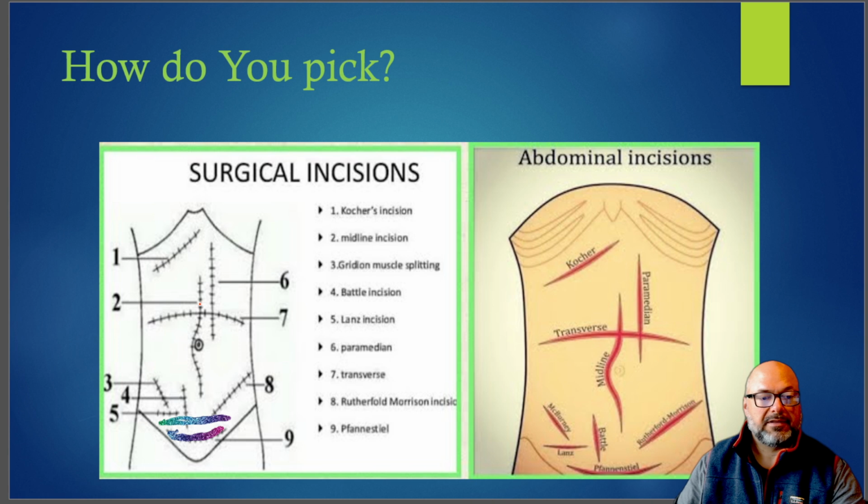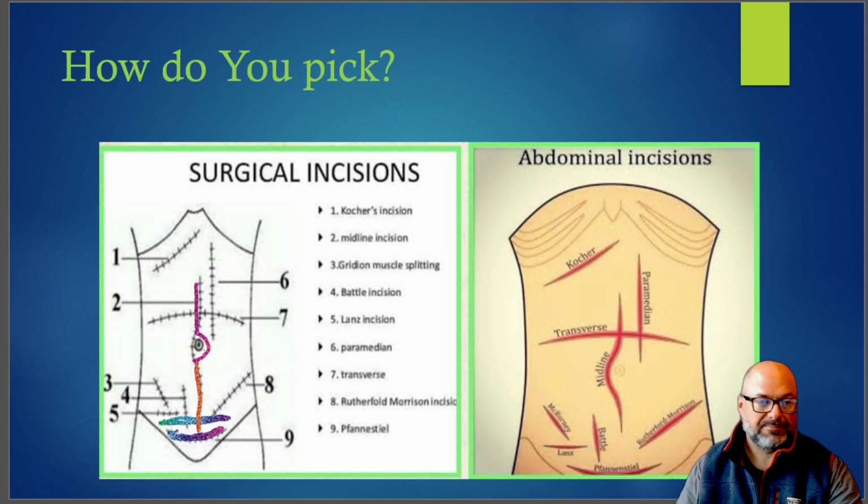And then midline vertical, again, which you can do just below umbilicus, or you can bring it up. I usually come around that side on the skin to go up above umbilicus as well. All of these other kind of paramedian and the gridiron muscle splitting for appendectomy, we don't do those really at all.